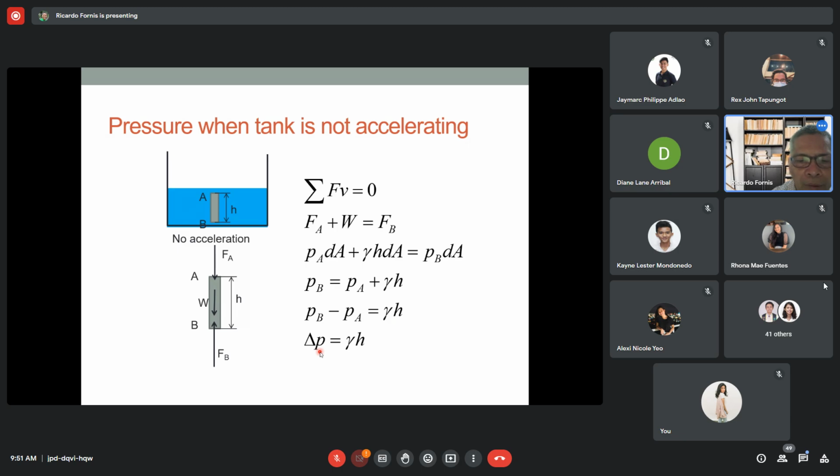Delta P equals gamma h. So you can take note, you can remove the differential area here. That one, this one, and this one. So the difference in pressure would be simply gamma h if the tank is not moving vertically.